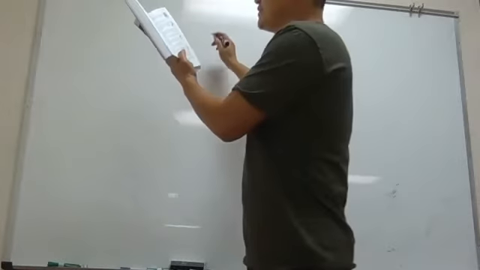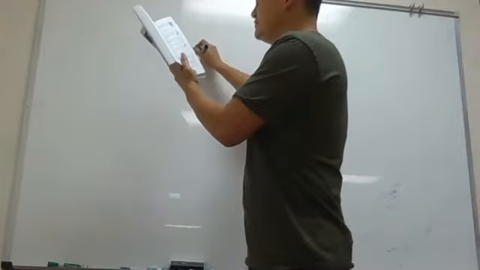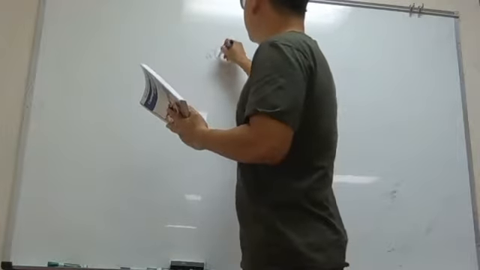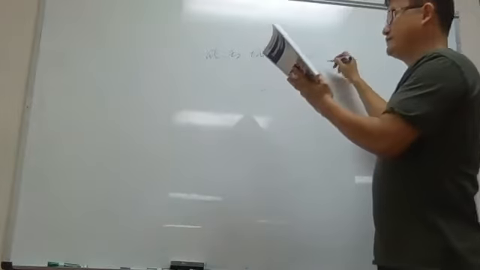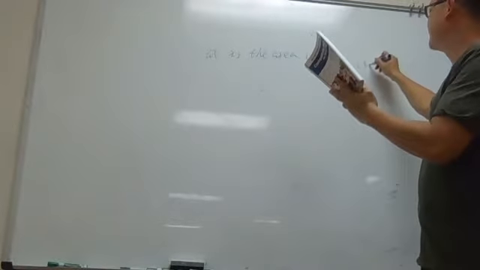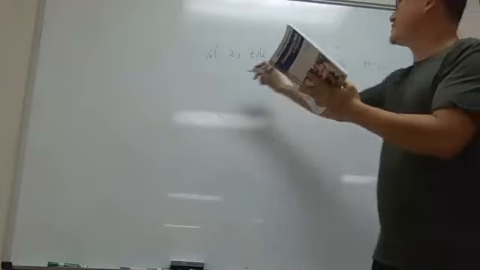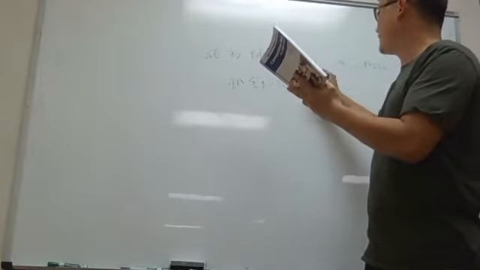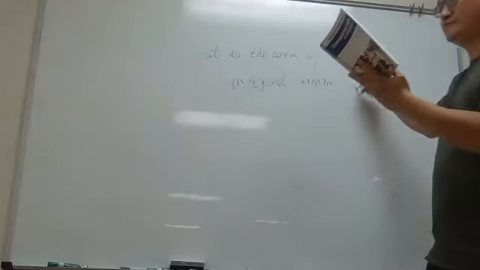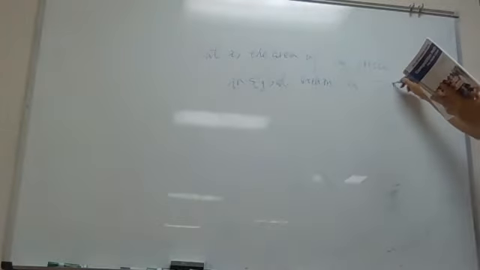Okay, so you're asked: what is the area of the circle that is inscribed within a triangle of area 30?